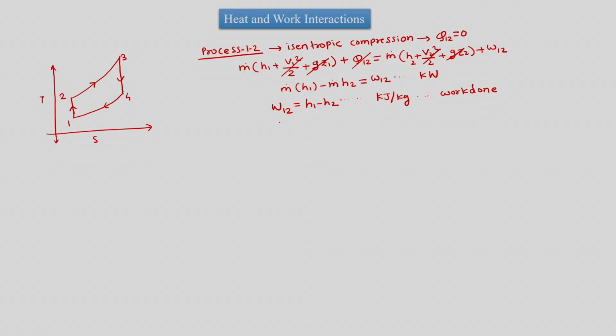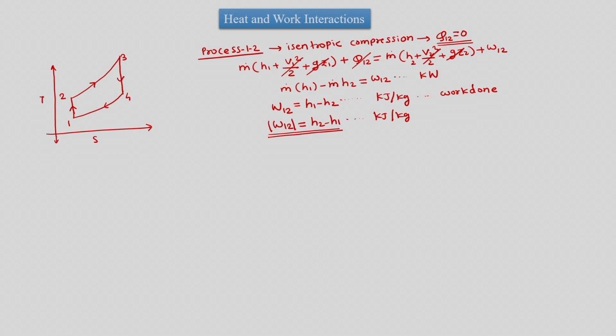We know that compression is a work input process, so practically the modulus of w12 is h2 minus h1, with the unit kilojoule per kg. So as far as work and heat interactions are considered, Q12 is 0 and W12 is h2 minus h1.